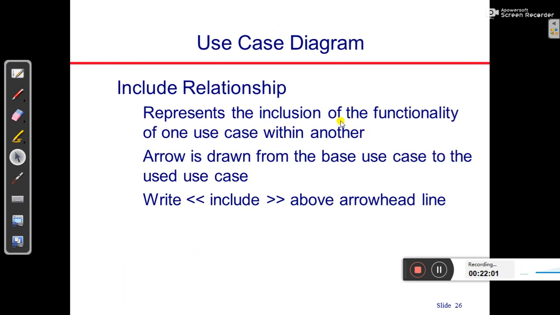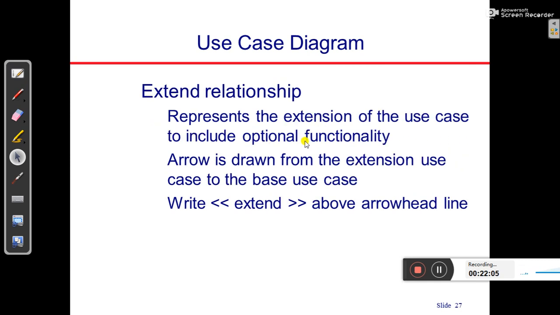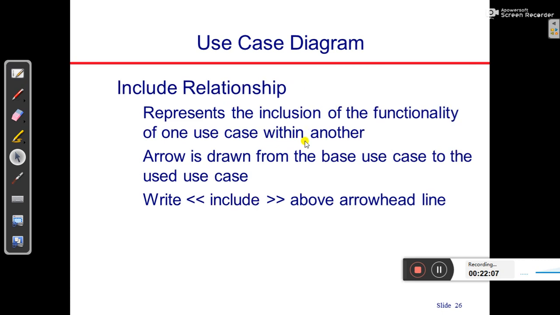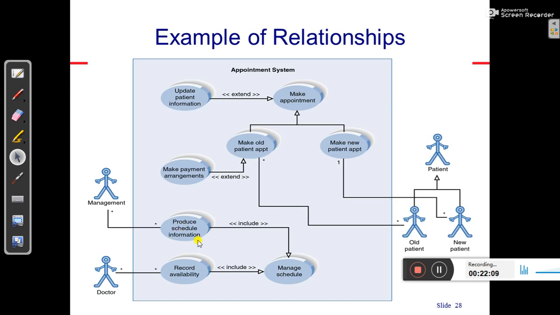Those functionalities will be included in the used use case. So base use case functionality will be used in the used use case, but in case of an extended relationship, base use case functionality will be optional to use in the used use case.